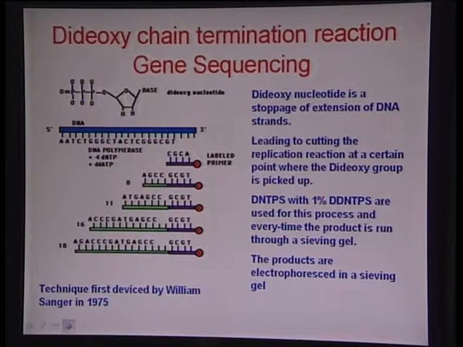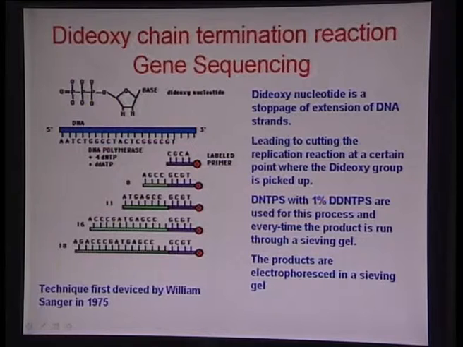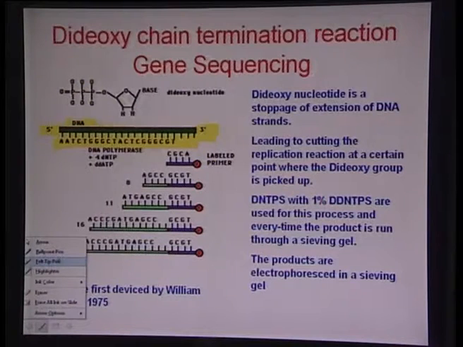So, to do this, first what we need to ascertain is what all are the constituents of this reaction. So, let us say we are trying to sequence this particular DNA product which is from 5 prime to 3 prime, a single stranded DNA structure, and let us say you want to find out what follows what in terms of these molecules. Okay.